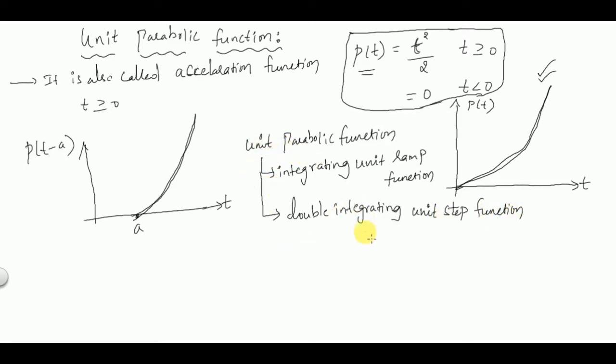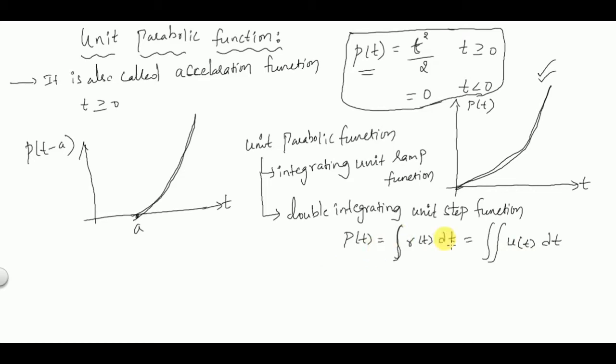If you write this in mathematical form, p of t is equal to integral r of t dt, because integrating the unit ramp function you'll get the unit parabolic function. So p of t is equal to integral r of t dt is equal to double integral of u of t dt. So this is the relationship between p of t, r of t and u of t.